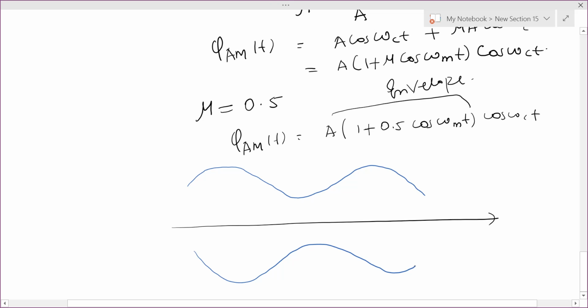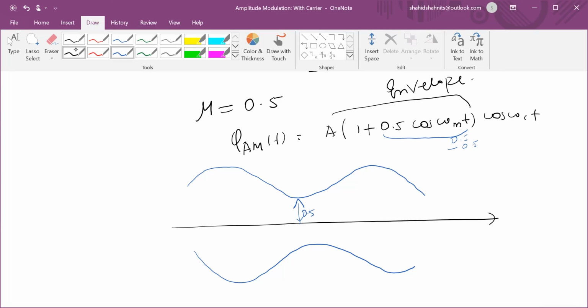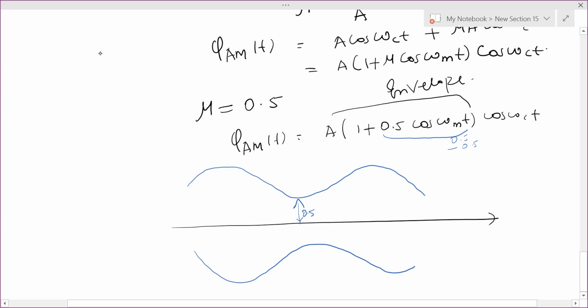You check one thing: here it is 0.5 cos omega mt, so the maximum value it can take is 0.5, and the minimum value it can take is minus 0.5. So 1 minus 0.5 is 0.5, so the minimum value will always be 0.5 from the x-axis. Then in between you plot the cosine part, the high frequency part.